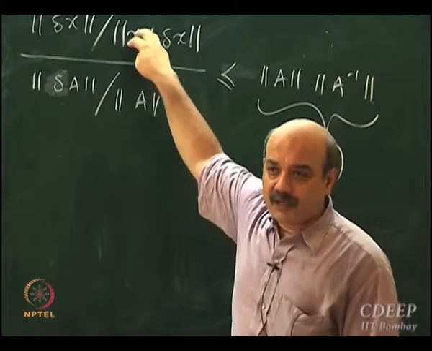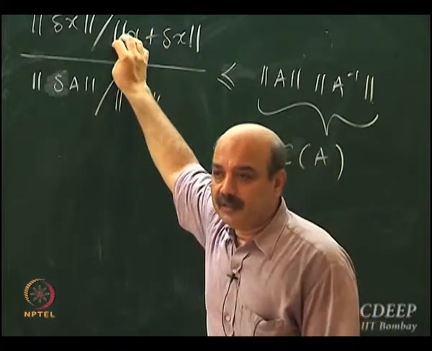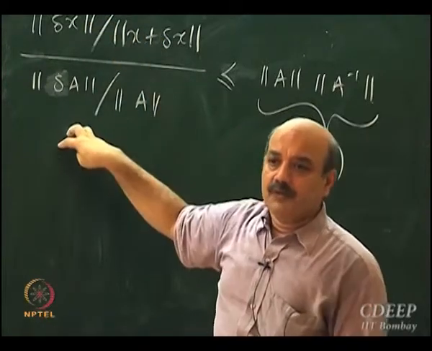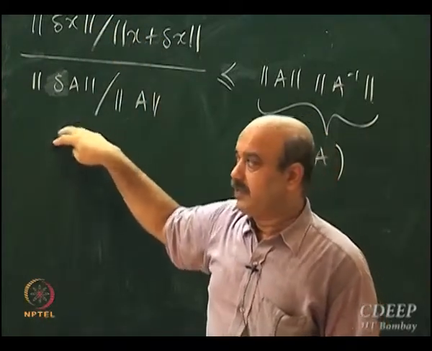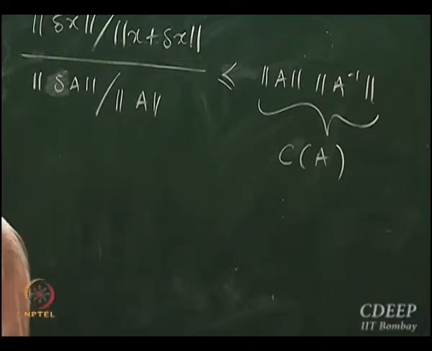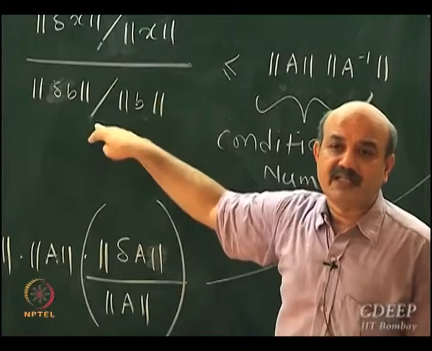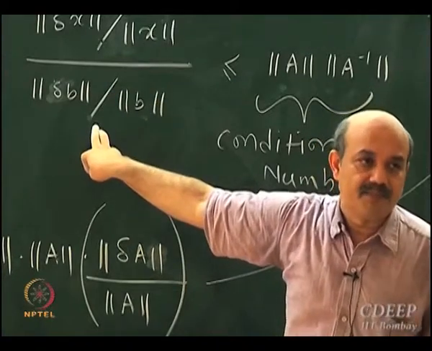See what you are looking at here: what is the fractional change in the solution to fractional change in A matrix, or what is the fractional change in the solution to fractional change in the B matrix?